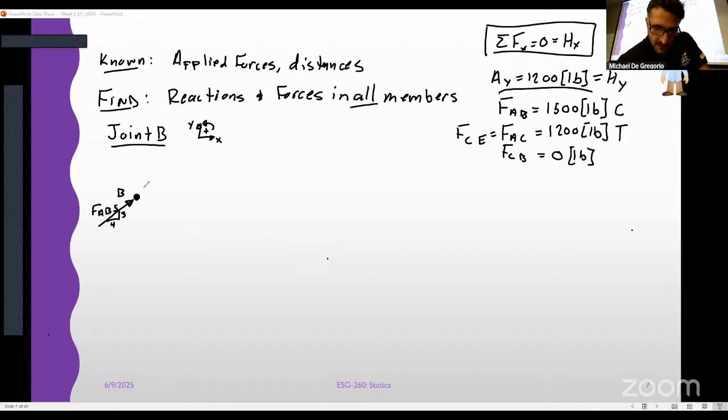We also know that there's a zero force member that we're not going to bother drawing, right? We have an applied 600 pounds straight down here. We've got this force, which I'm going to call FBD. And this triangle we established has these weird dimensions, but still has them.